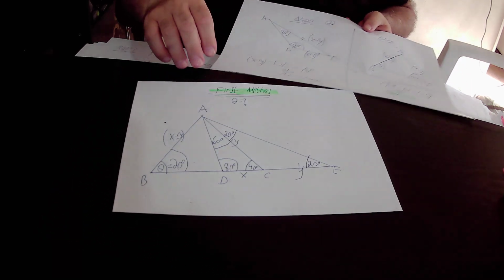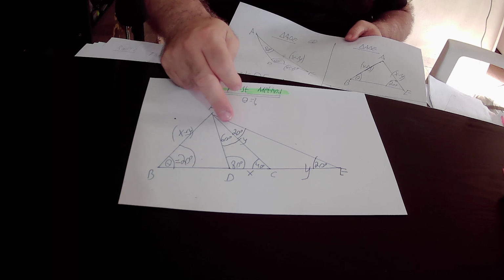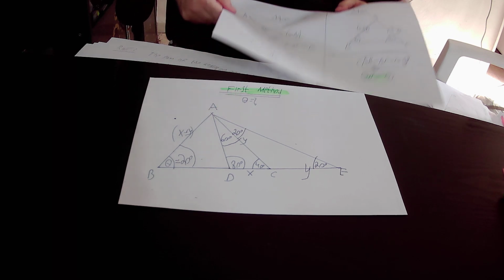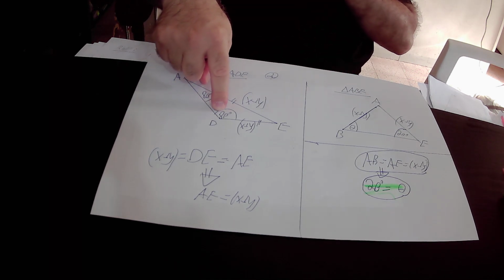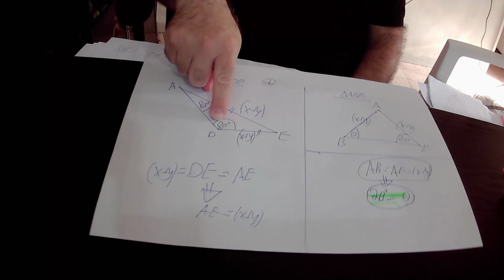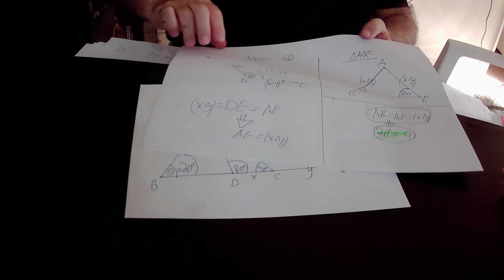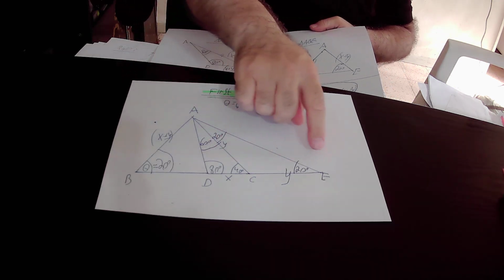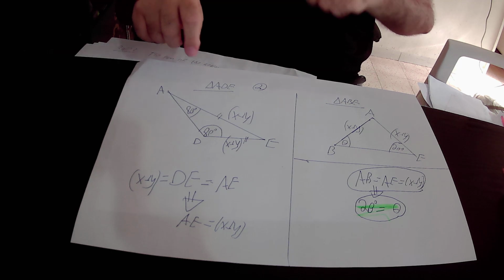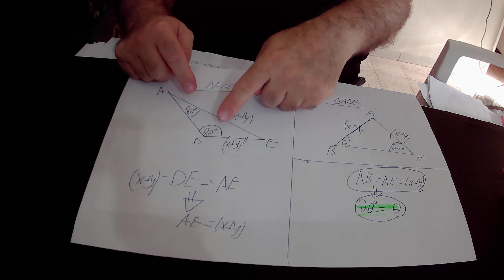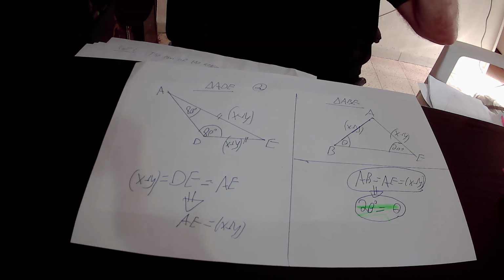This angle DAE equals 60 degrees plus 20 degrees, that is 80 degrees. This angle ADE equals 80 degrees according to what is given in the question. So in triangle ADE, here DE equals X plus Y, and those two angles in triangle ADE are equal to each other, and we know that in front of equal angles in the triangle there are equal sides.